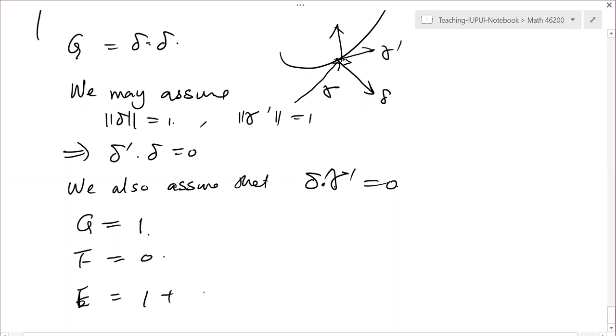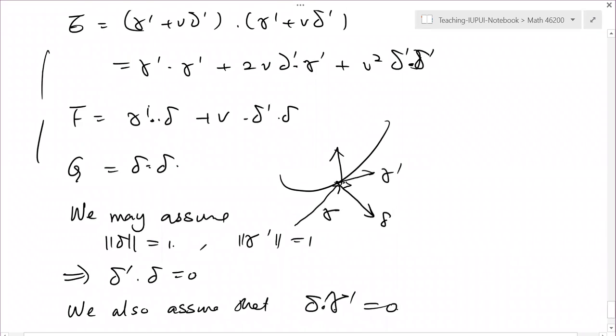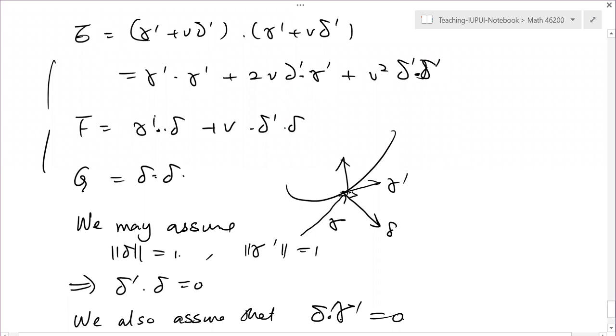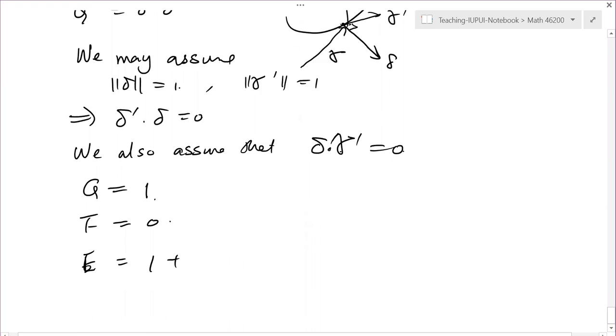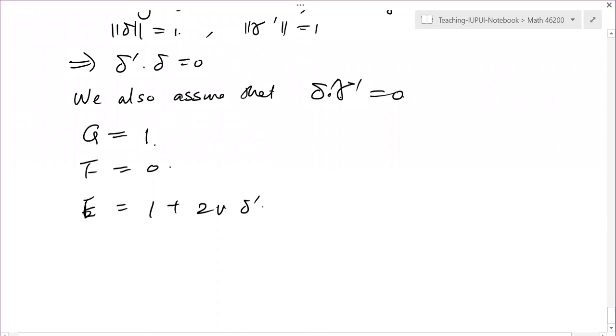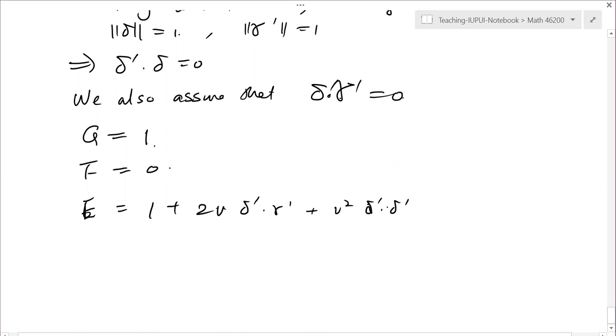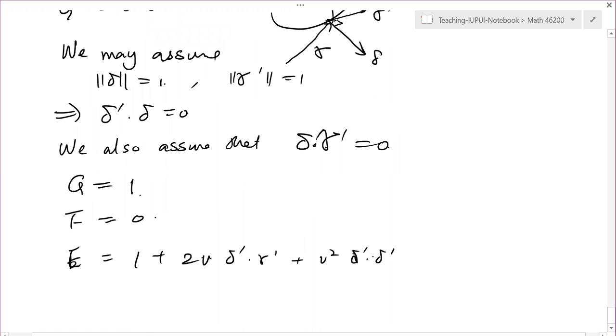It's 1 plus, let's take a look at what is G: 2V delta prime delta, and then V squared delta prime delta. You cannot go further, so this is a formula.